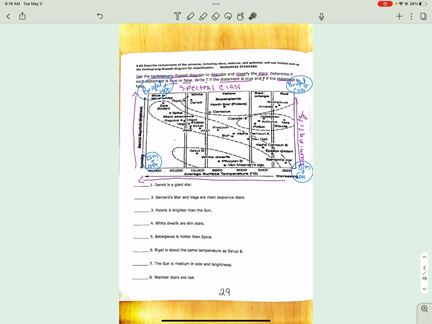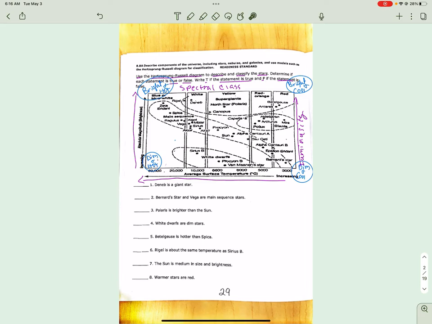If we're asked which type of stars we have in the upper left-hand corner, we're going to say bright, because they're very bright, and very hot because they're found on the left-hand side. Now, the ones at the bottom left have a high temperature, you see here 50,000, but they're very dim because they're not at the top of the graph.